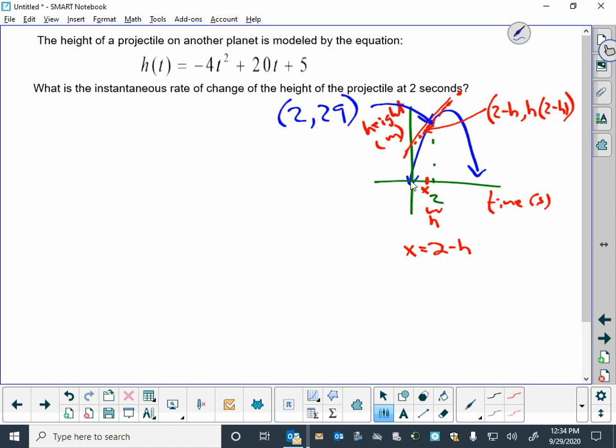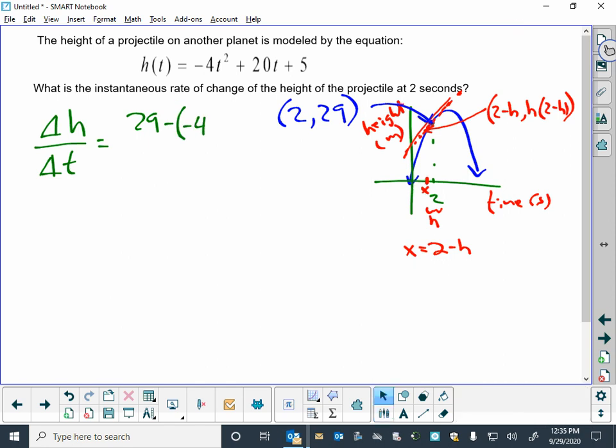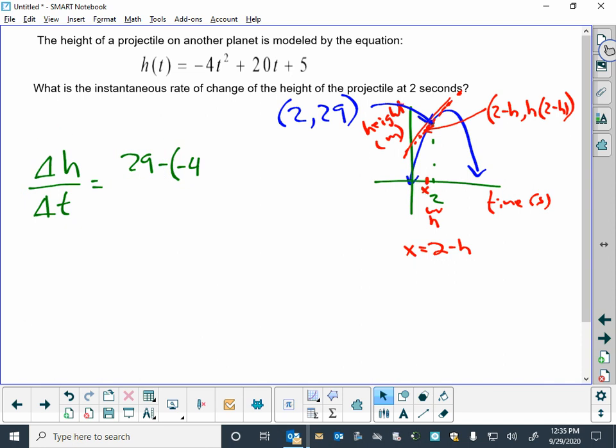So we want the slope between those 2 points. Slope is change in y over change in x, or in this case the change in height over the change in time. My one height is 29 minus what I get if I put 2 minus h into this equation up here, which is going to give me negative 4 times 2 minus h squared plus 20 times 2 minus h plus 5.